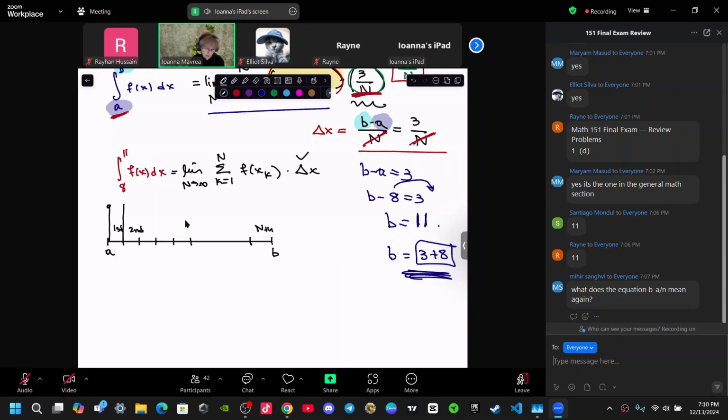You can take the left endpoint, you can take the right endpoint, you can take the midpoint, whatever you decide. Usually in these problems, at least for the exam, it will be either the left endpoint or the right endpoint. So since you know 8 is your leftmost endpoint, you can pretty much tell.